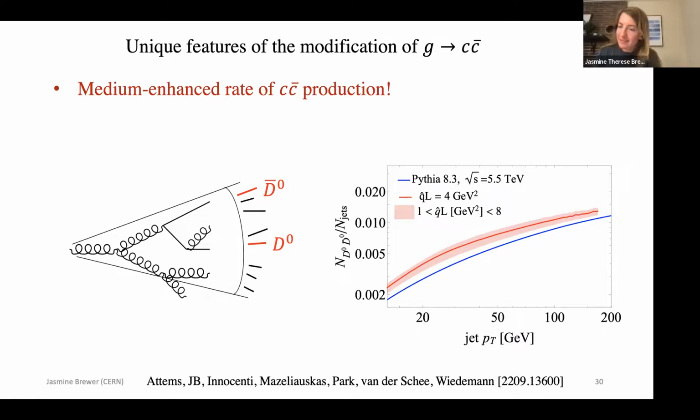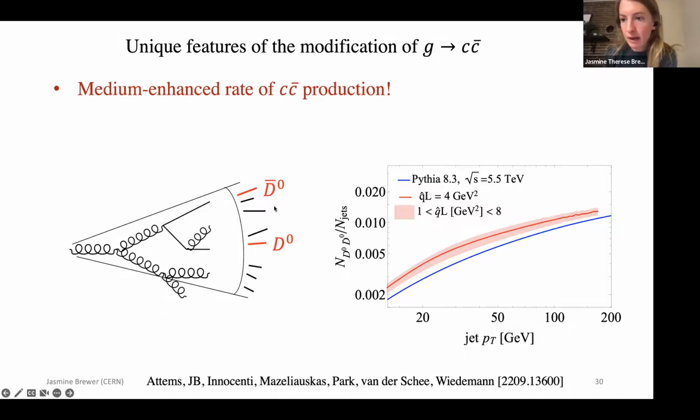Okay, so what is a bit easier, and we just put a paper on arXiv, it appeared yesterday, is on this other unique part of the c c-bar phenomenology, which is the medium-enhanced rate of c c-bar production. What I was telling you about earlier is that you can look at jets with two D mesons inside of them.